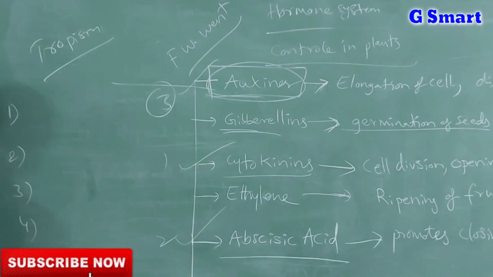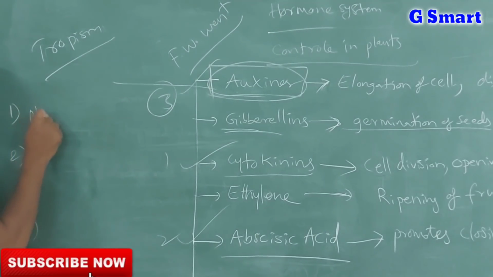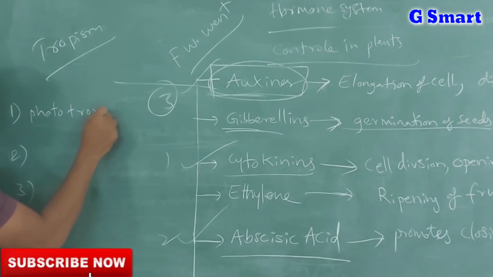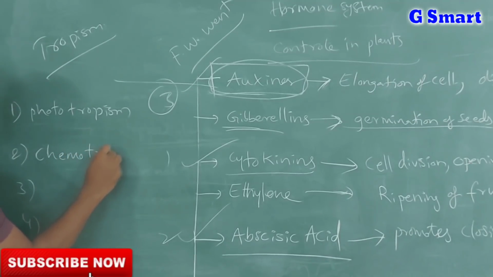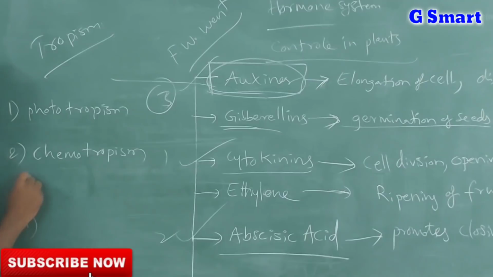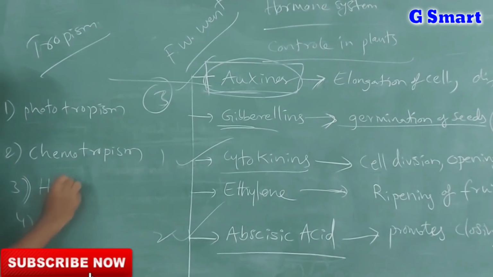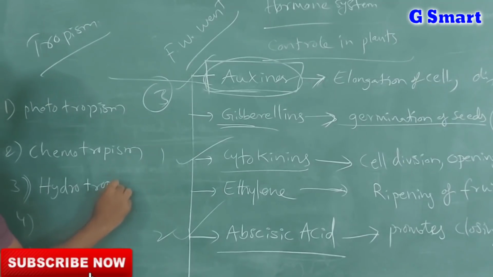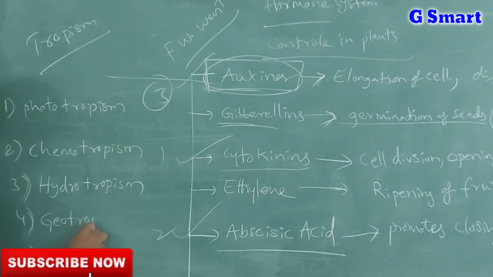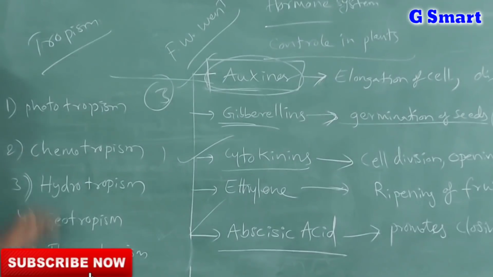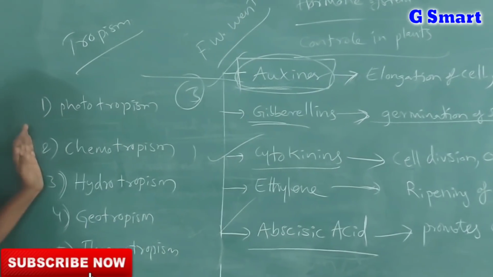Let us discuss phototropism, chemotropism, hydrotropism, geotropism and thigmotropism. These are tropisms. You can see these tropisms in plants.